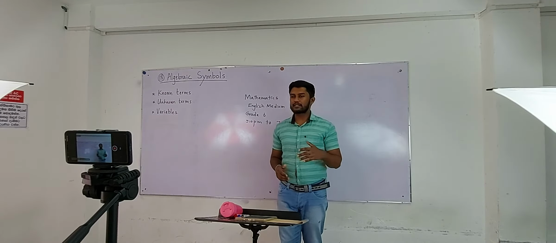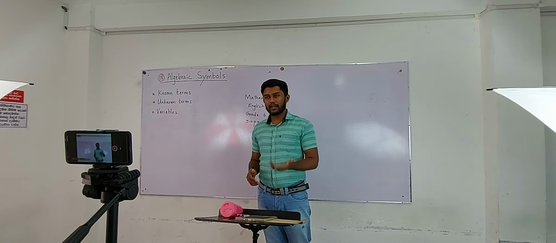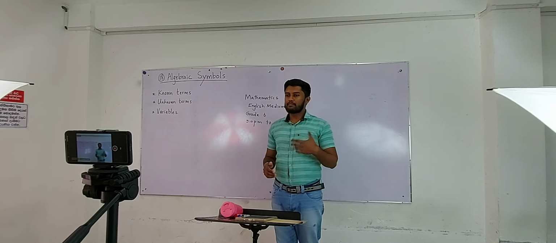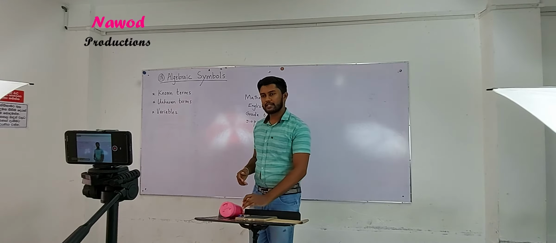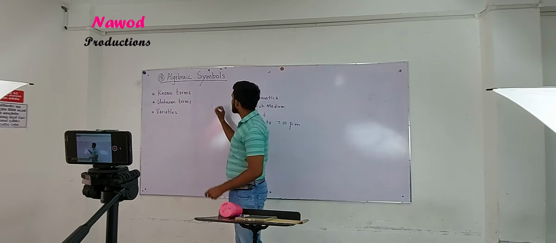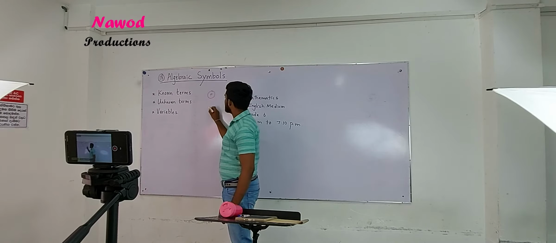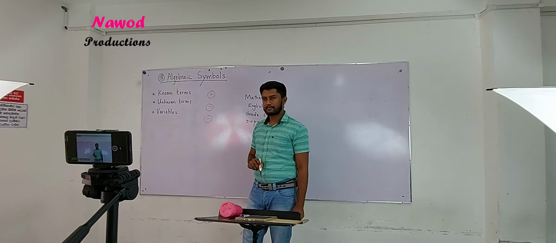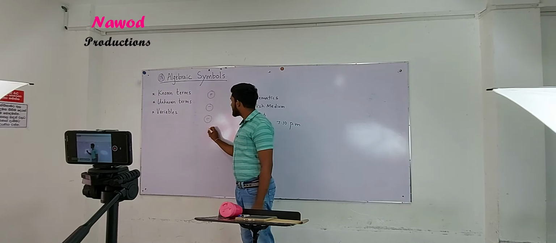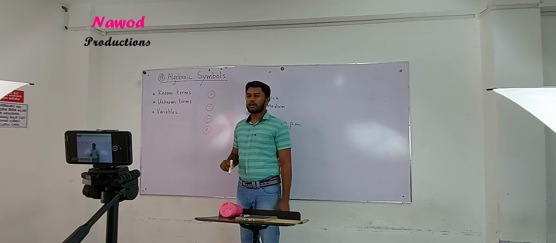Tell me, students, what are the symbols, main operations we are learning in mathematics? That means we are learning some special symbols. What are the symbols? Addition, subtraction, division. What else you are learning? Division and multiplication.